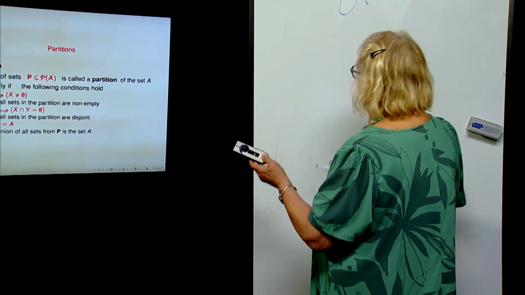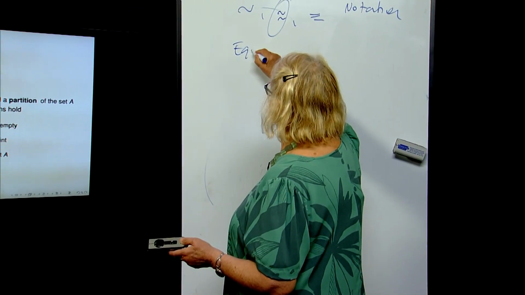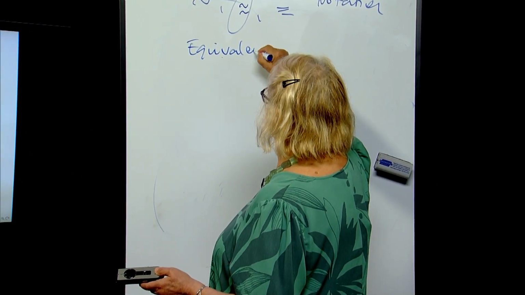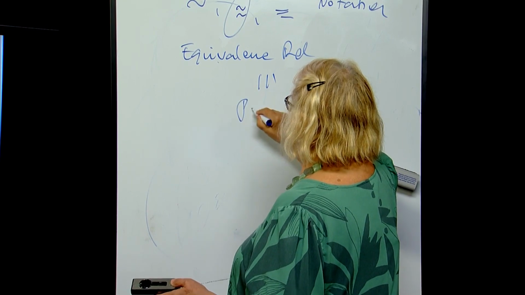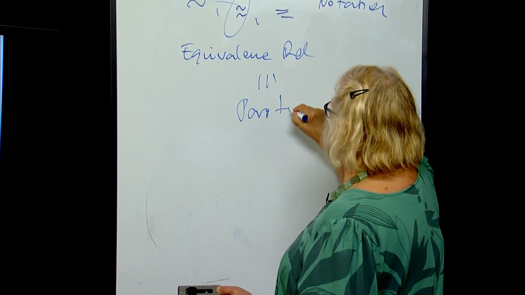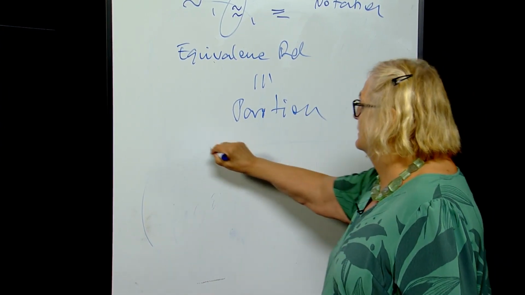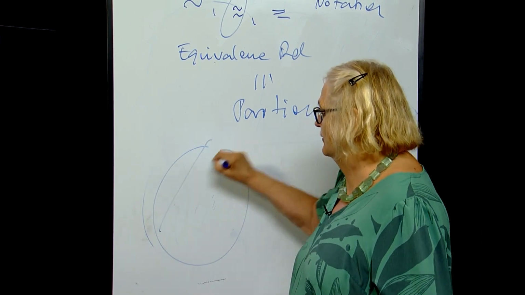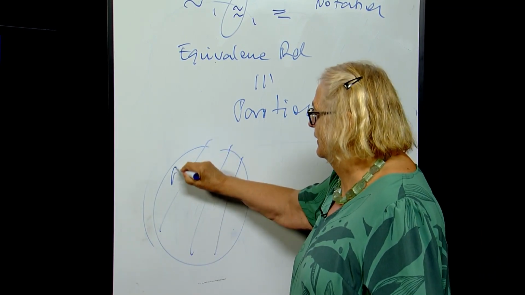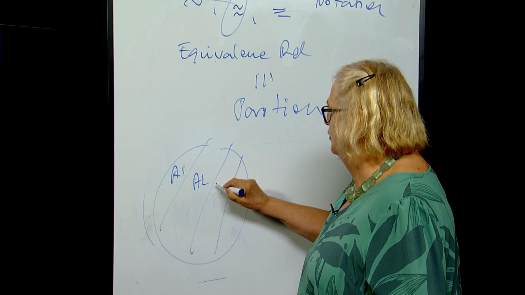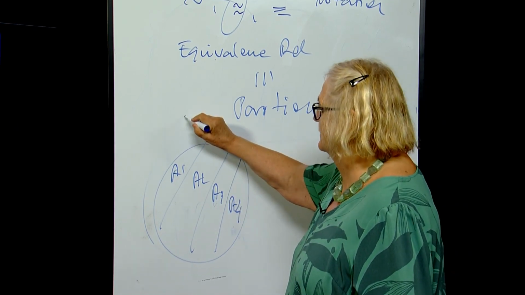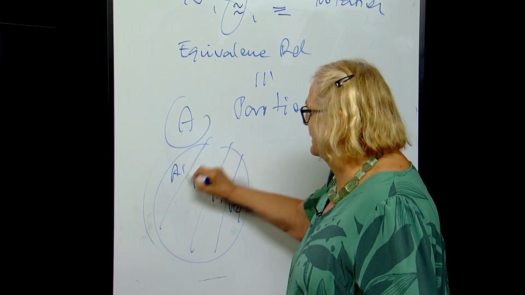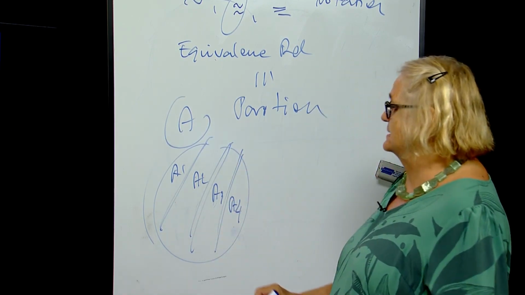So equivalence relations we have also connected with the notion of partition. Partition of the set, you've seen it. So you have A1, A2, A3, A4, and this is my set A. So it's partitioned into some subsets.